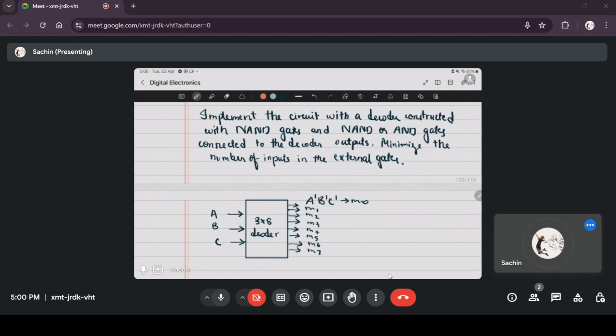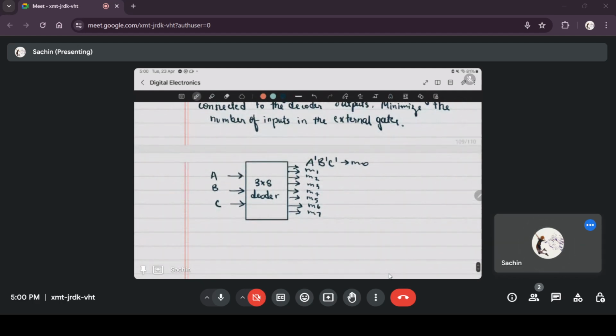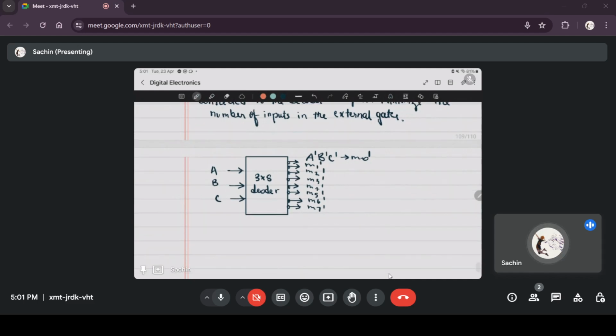And that is to use an active low output 3:8 decoder. Since it's active low, what you will get is the complement of each of these. So now what do you do?